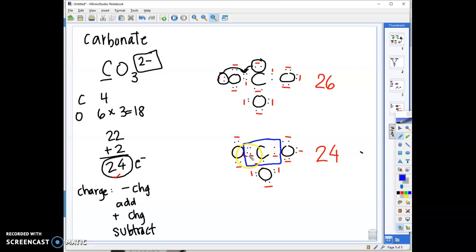Even if I have a double bond, that's still one electron domain. The electrons, even though there's 4 of them instead of 2, they're all in this same location. So this is one domain, this would be a second domain, this would be a third domain. So I have 3 electron domains, not 4, because the double bond counts as one domain.